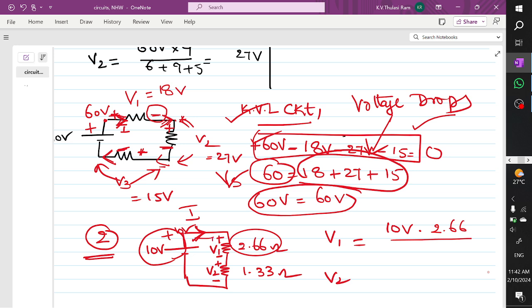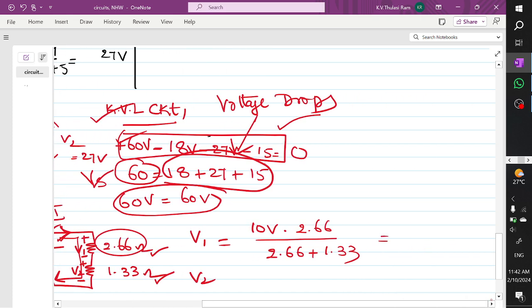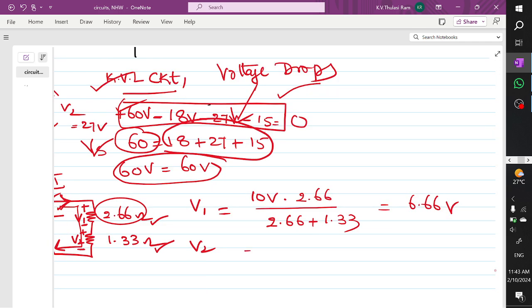You can see here the current is constant and there is no division of current. 2.66 and 1.33 are connected in series. This is going to result in 2.66 plus 1.33, where this will give a value of 6.66 volts.